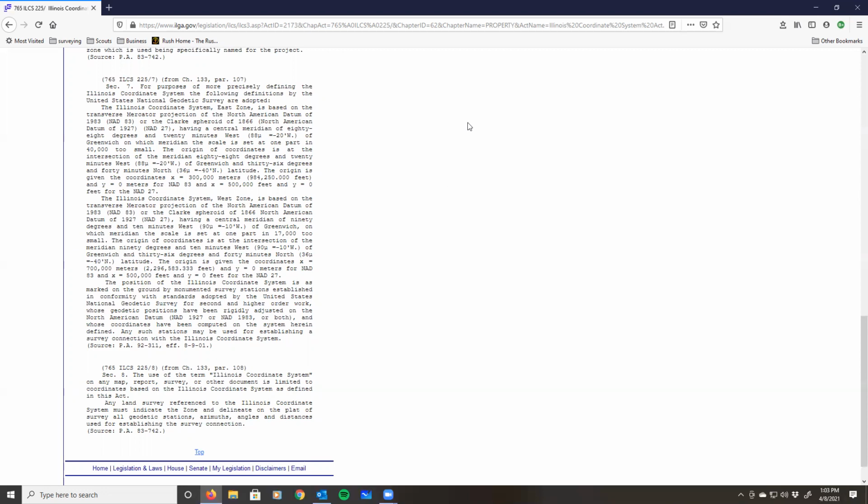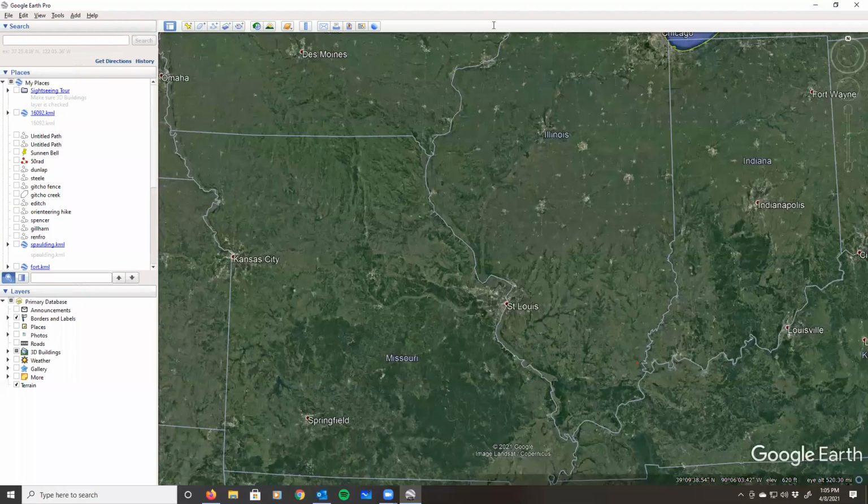Let me pause this for a moment while I get the whiteboard out, as well as pulling up some Google Earth so you can see where this is starting from. Okay, so I've pulled up Google Earth showing the state of Illinois. If you look at the coordinates down here at the lower right, you have a latitude and a longitude, and you'll see 90 degrees and 10 minutes west.